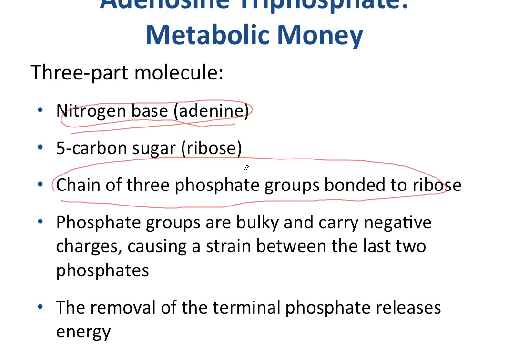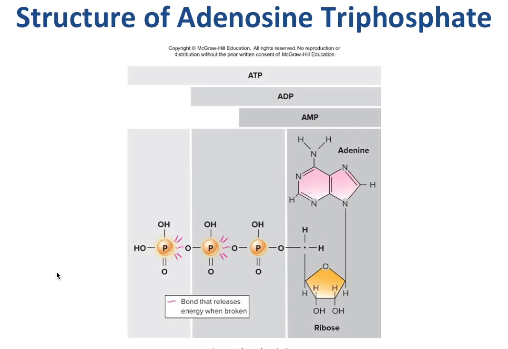The phosphate groups are large and negatively charged. The three phosphate groups can either lose one phosphate or gain one phosphate. When they lose one phosphate, it becomes a double phosphate group, called ADP. Once they lose the terminal phosphate group, they release the energy. That is how ATP stores or releases energy.